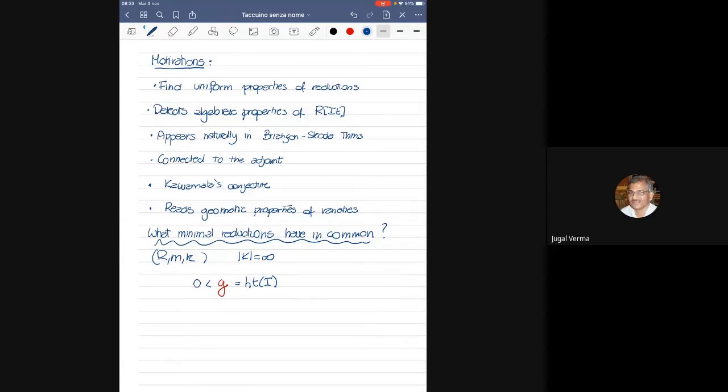I'm going to look at the minimal number of generators of my minimal reductions, for every minimal reduction. And this number is actually constant. We'll denote this number by l, and we'll call it the analytic spread.